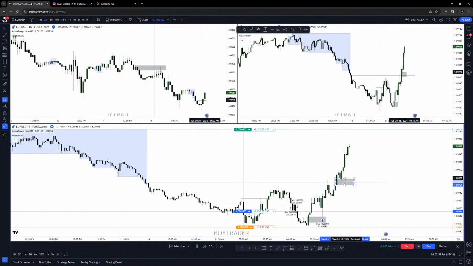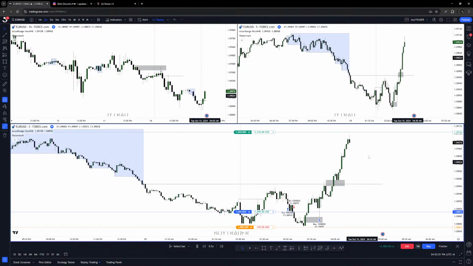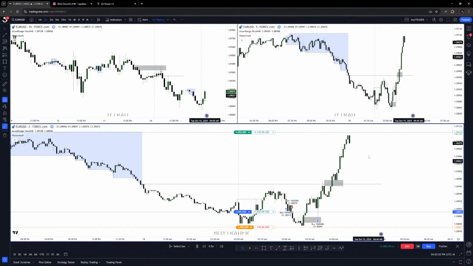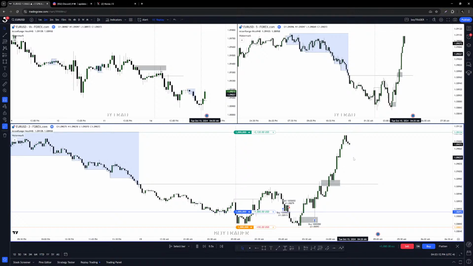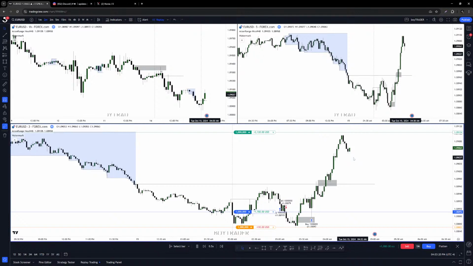Anyway, you get the gap. This is a gap, and we are very close to our take profit. At this point in time, you can drag your stop loss to break even.